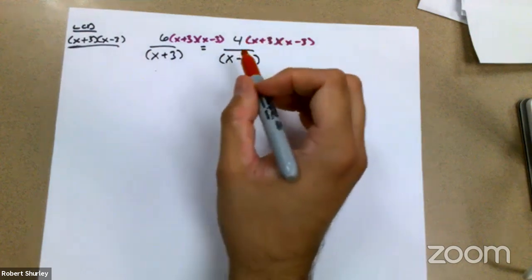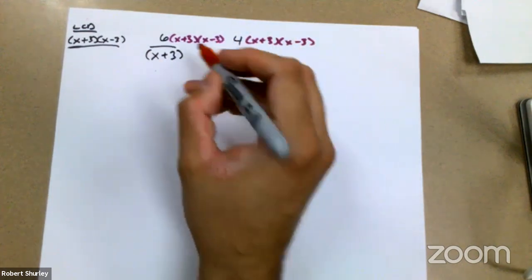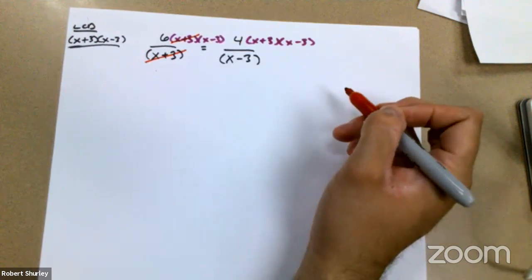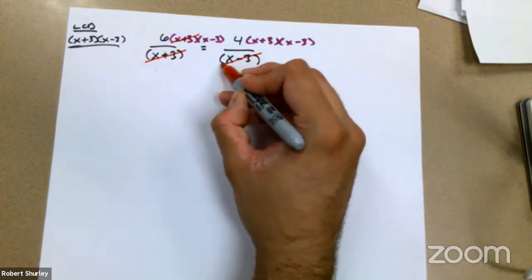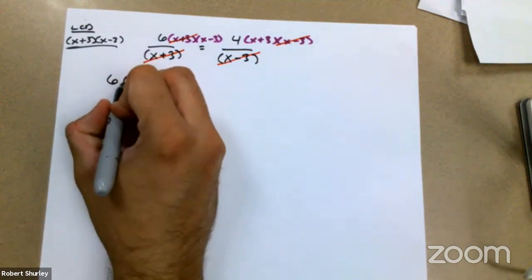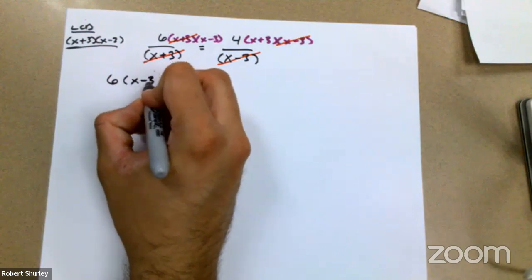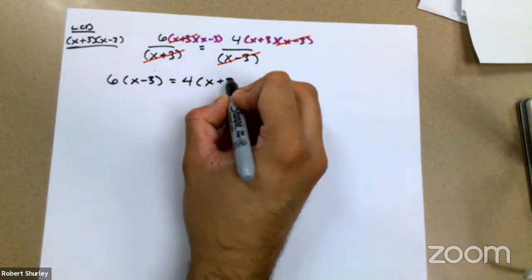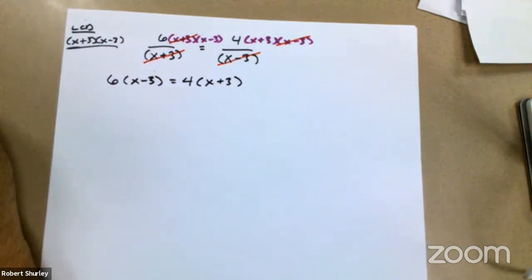And again, what's nice about these, just like complex, we can cancel a big chunk of it now. That x plus 3 is going to cancel with that x plus 3. That x minus 3 is going to cancel with that x minus 3. So we're left with 6 times x minus 3 equals 4 times x plus 3.